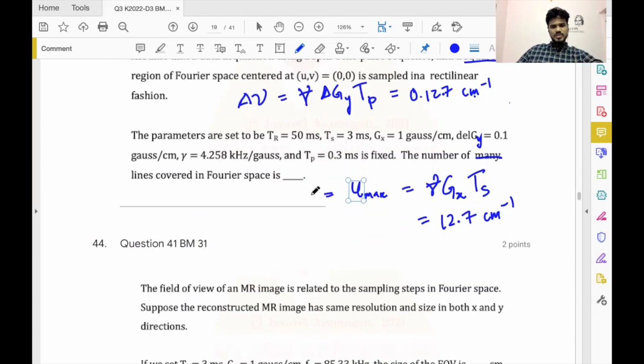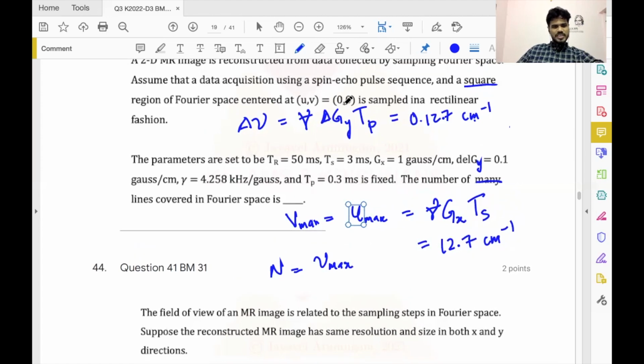And so, if we start at 0, this V max or del V max is the total change in the frequencies in the y direction. So our number of lines is V max, technically minus V min.